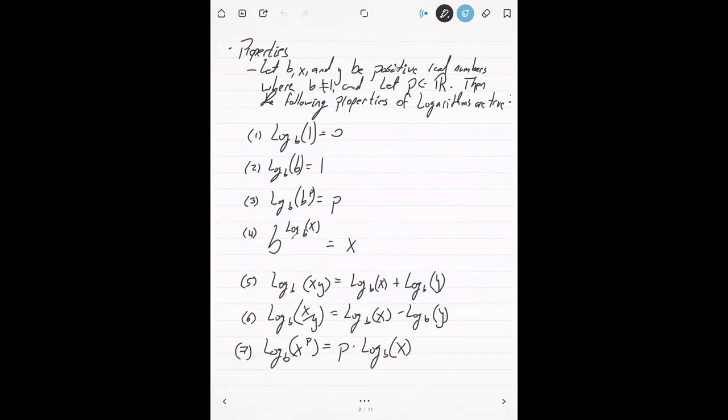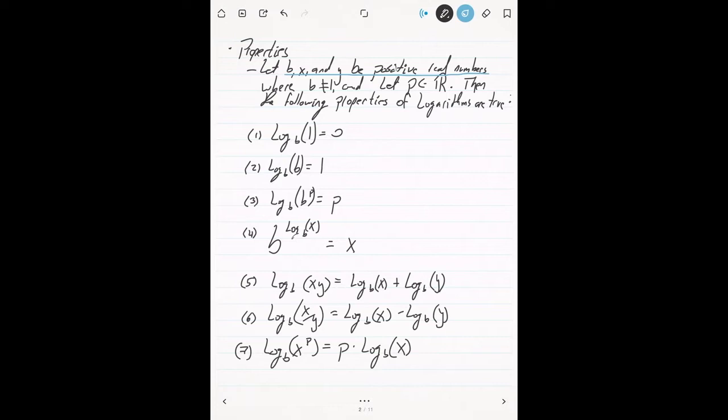So first, let's go ahead and actually learn about the different properties. Before we begin, we need to define what we're working with here. Let the variables or the terms b, x, and y be positive real numbers. So right away, b, x, and y are positive real numbers. They're any number on the number line, and they're greater than 0.